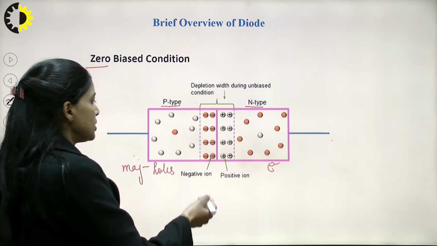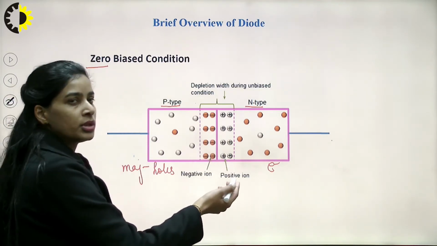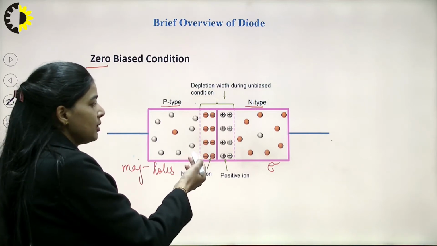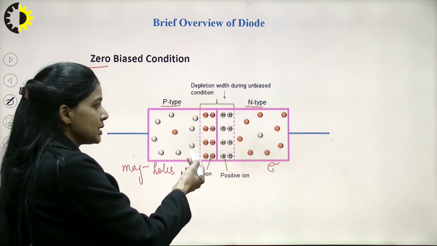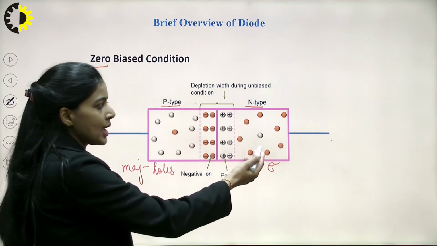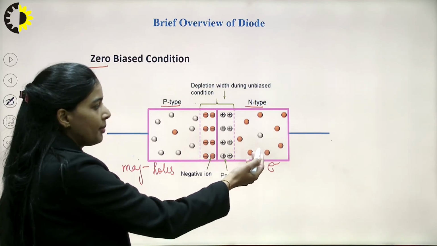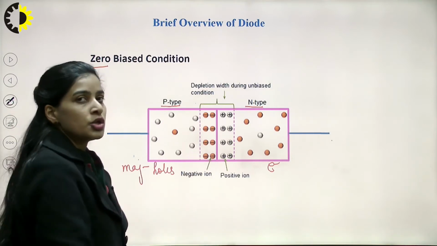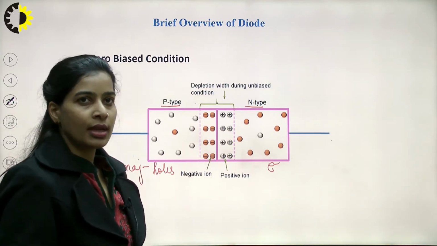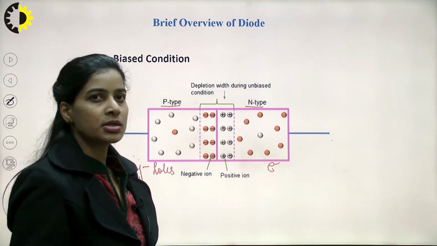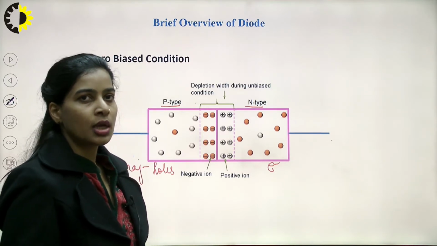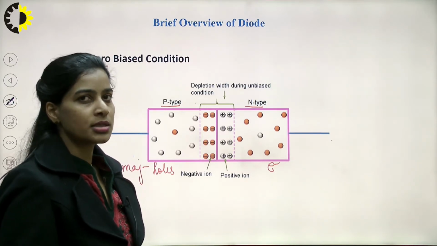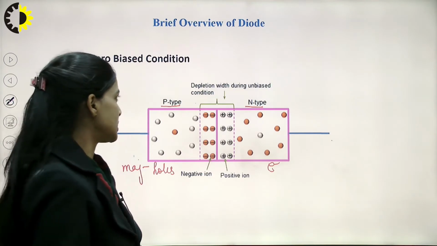So there is a concentration gradient on both sides. On the P side the number of electrons is less as compared to the N side, and on the N side the number of holes is less as compared to the P side. Due to this concentration gradient, the charge carriers, holes and electrons, move from higher concentration to lower concentration.